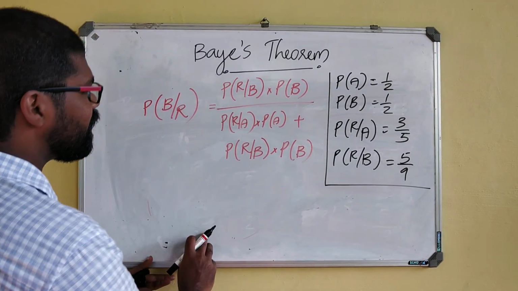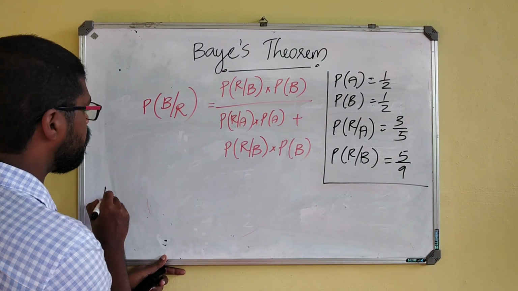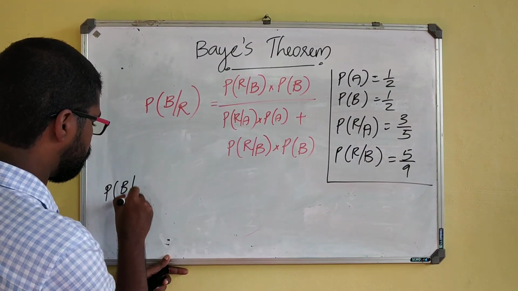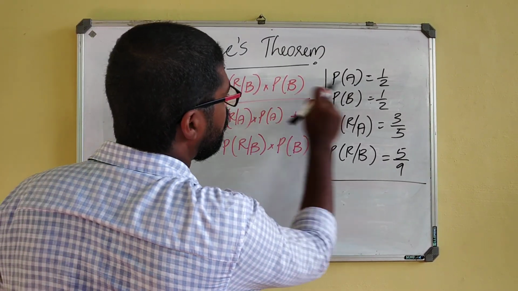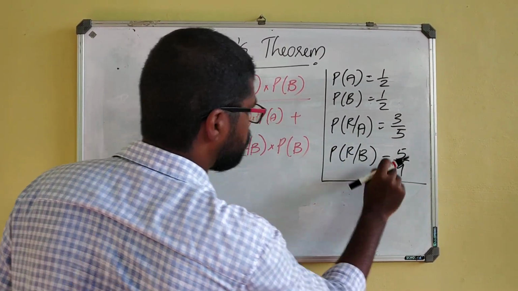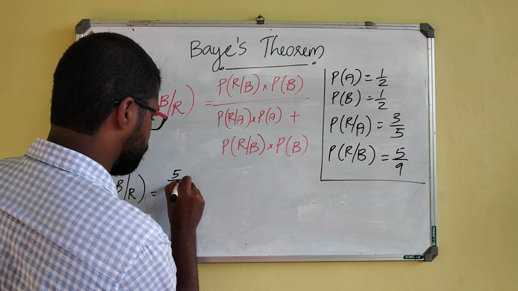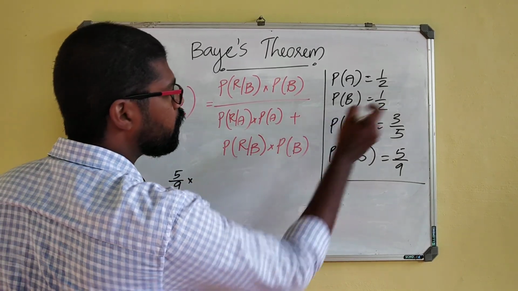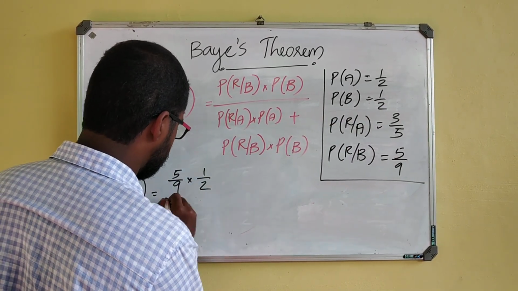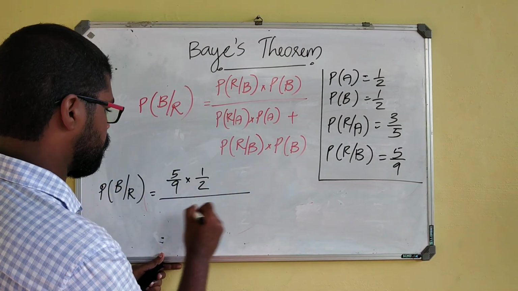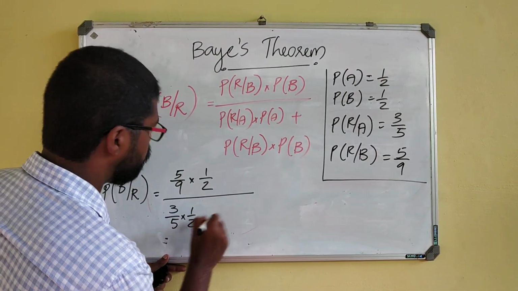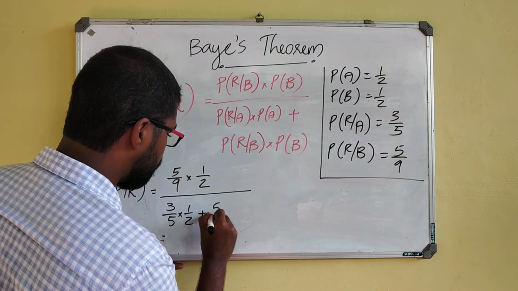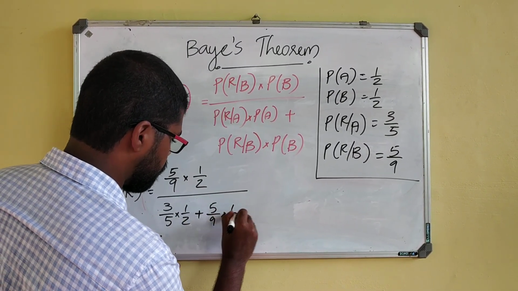So let us apply values. That is, probability of box B given red ball is equal to R given B, that is 5 by 9, into probability of box B, 1 by 2, all divided by 3 by 5 into 1 by 2 plus 5 by 9 into 1 by 2.